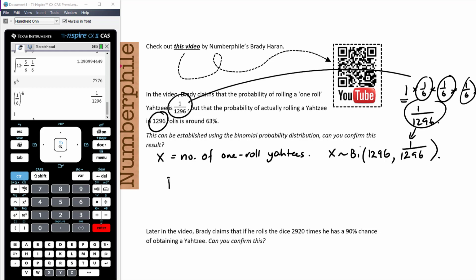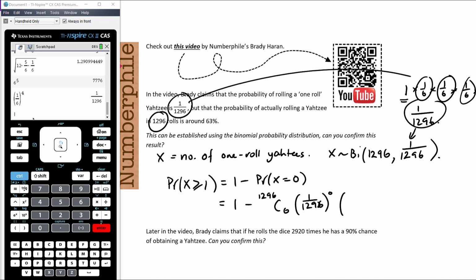So it's not just the probability that x equals 1, because then we wouldn't roll the dice 1,296 times, we would just stop. So we want to know the probability that in 1,296 rolls, we get at least one Yahtzee. So that is 1 minus the probability that we get no Yahtzees. That is 1 minus 1296 choose 0, times 1 on 1296 to the power of 0, times 1295 on 1296 to the power of 1296.